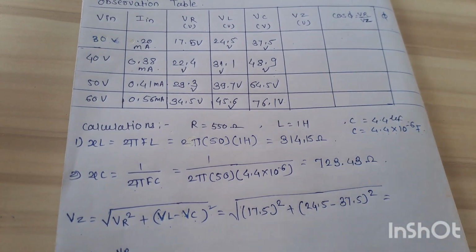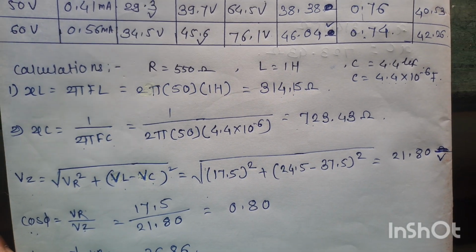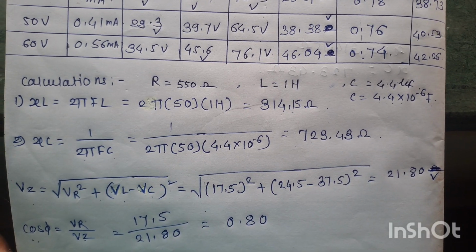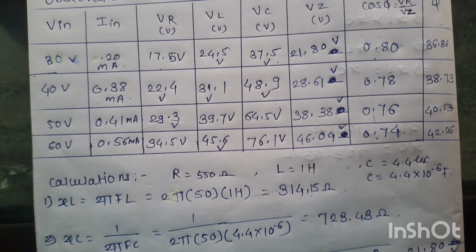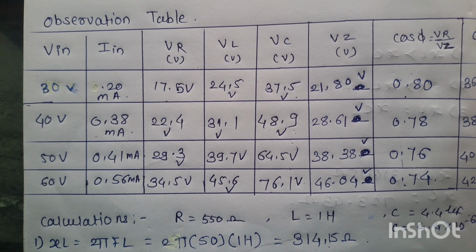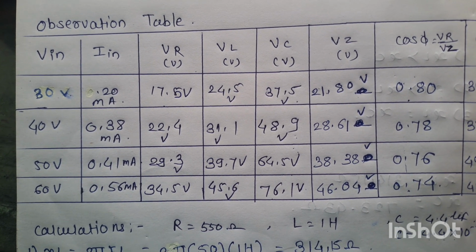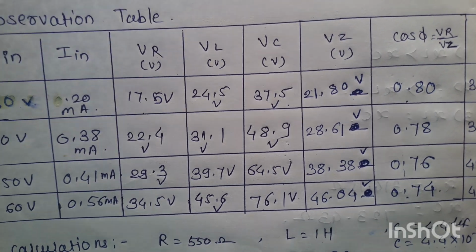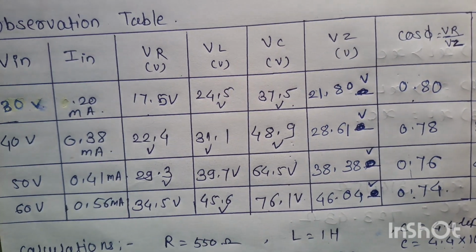By calculating, we get the value of VZ, which is 21.80 volt. Similarly, for each reading, we get the values 21.80 volt, 28.61 volt, 38.38 volt and 46.4 volt.